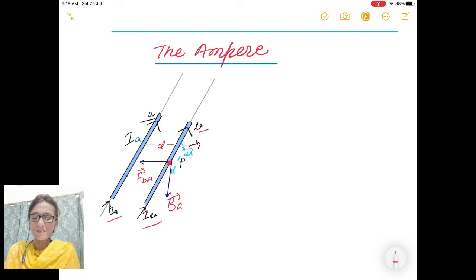And we know that when any wire is kept in any magnetic field, it experiences some force.